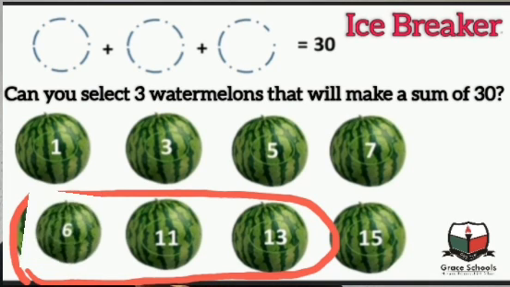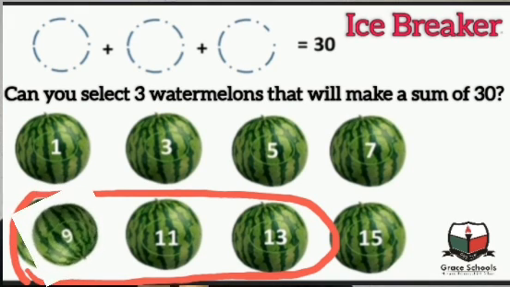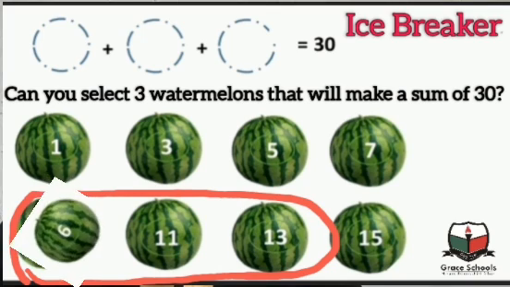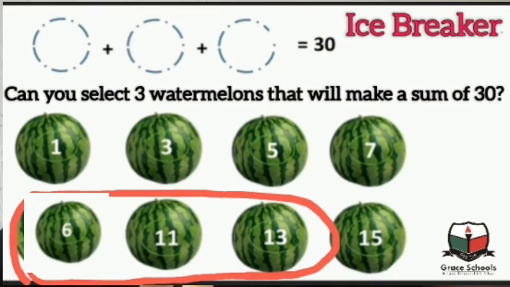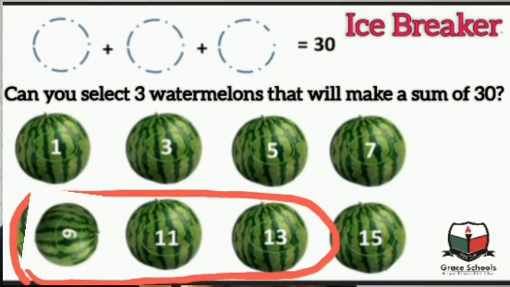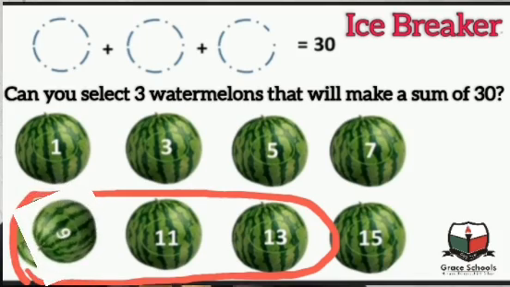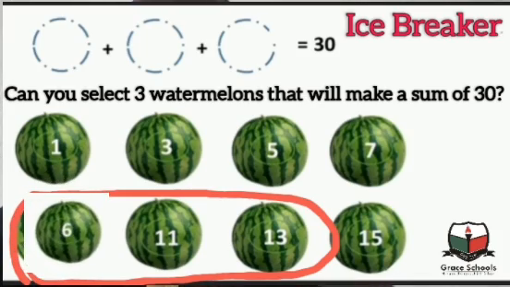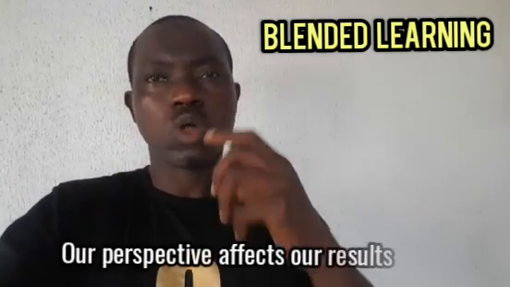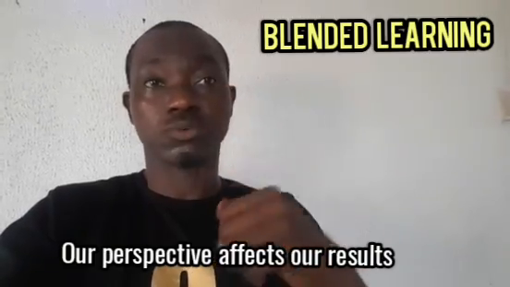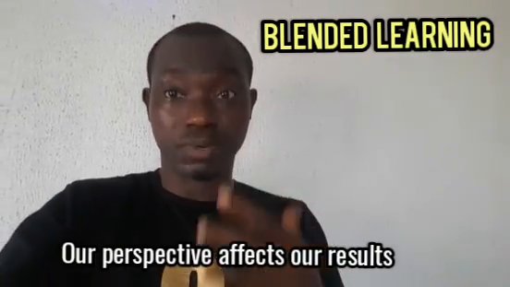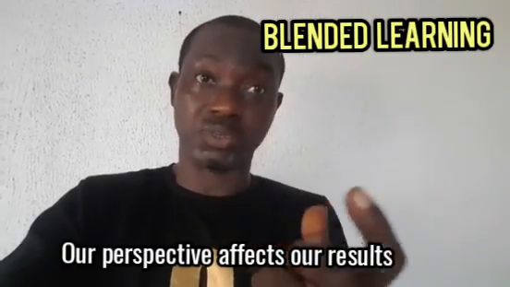The 9 I saw made me think it was impossible to get 30, but another person was saying 6 and he knew it was possible. So our perspective sometimes affects our results. What we think is not possible is just because of our perspective. It's just because of the way we see things.